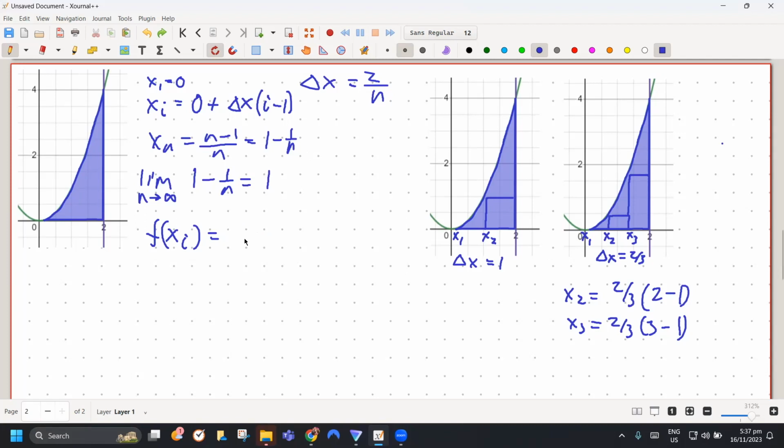Anyway, what is delta x? 2 over n, squared. You need to expand, later. Now substitute it into the expression for a sub n.